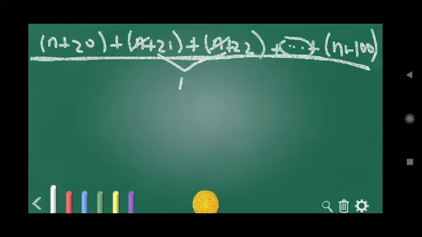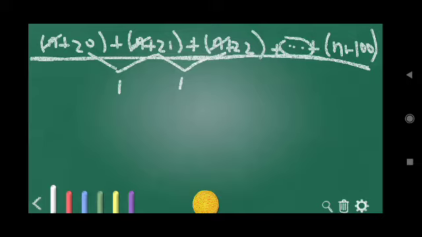We need to have at least another pair of consecutive terms. That's n + 21 and n + 20. n cancels each other, 21 minus 20 gives you 1. Now, two pairs of consecutive terms give you the same difference, which is 1. That means we have a series that is arithmetic.